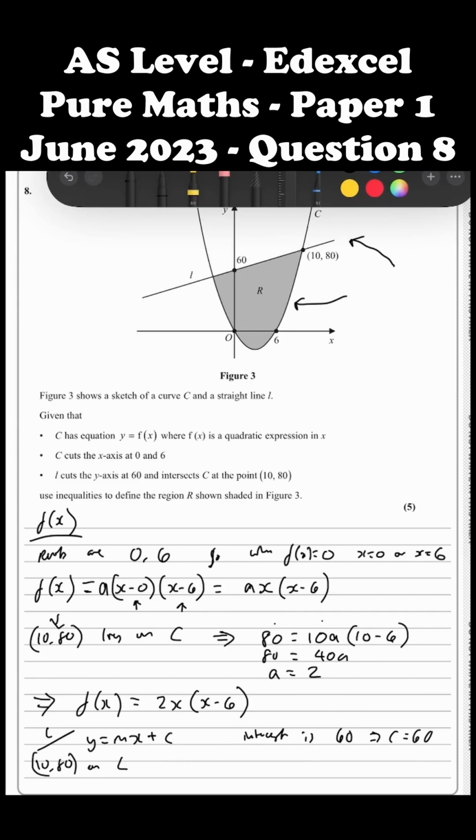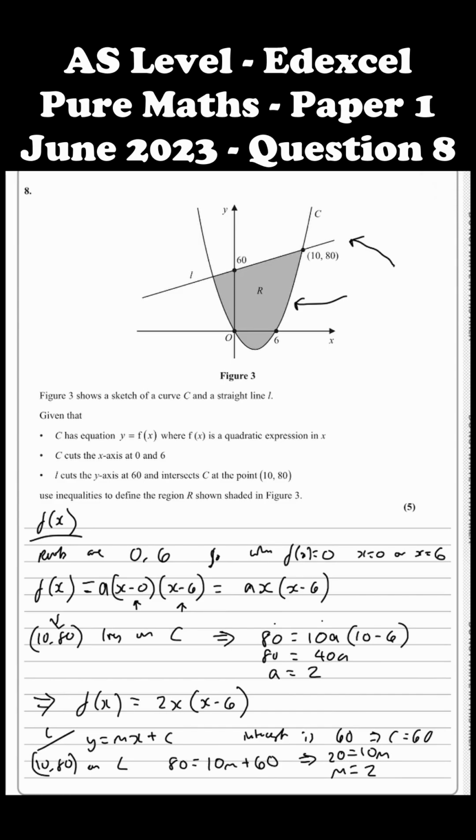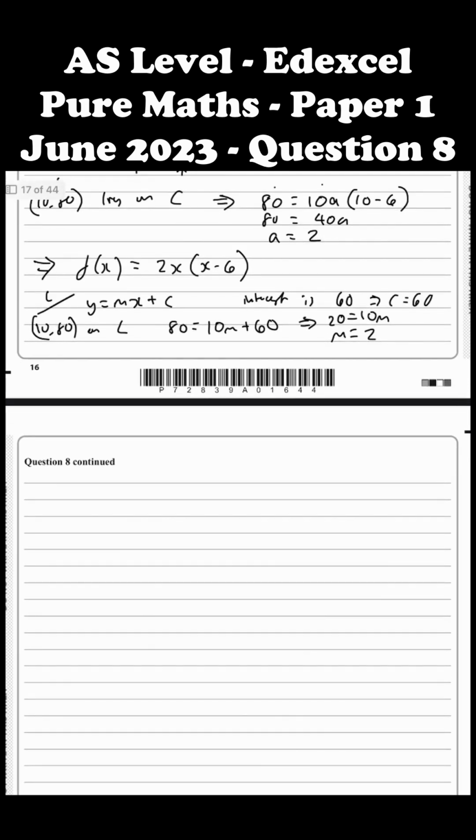So if we do the same thing here, where we put 80 equals 10 lots of m plus 60, take 60 off both sides, we get 20 equals 10m, so m equals 2. Just scroll down. So the equation of our line is y equals 2x plus 60.